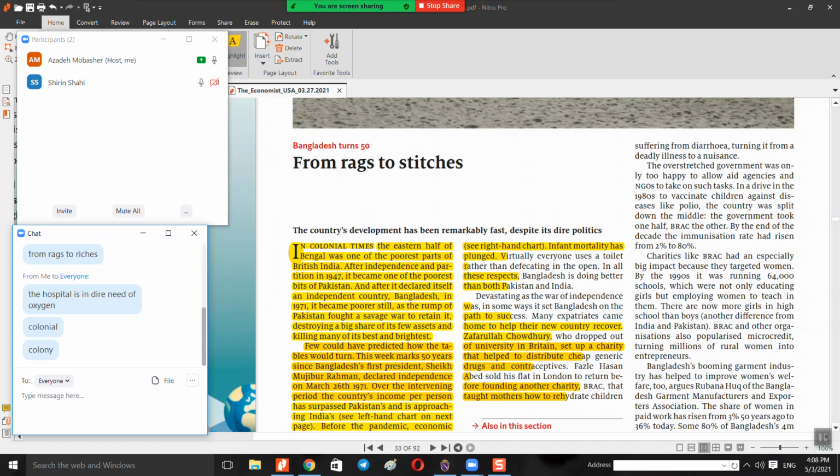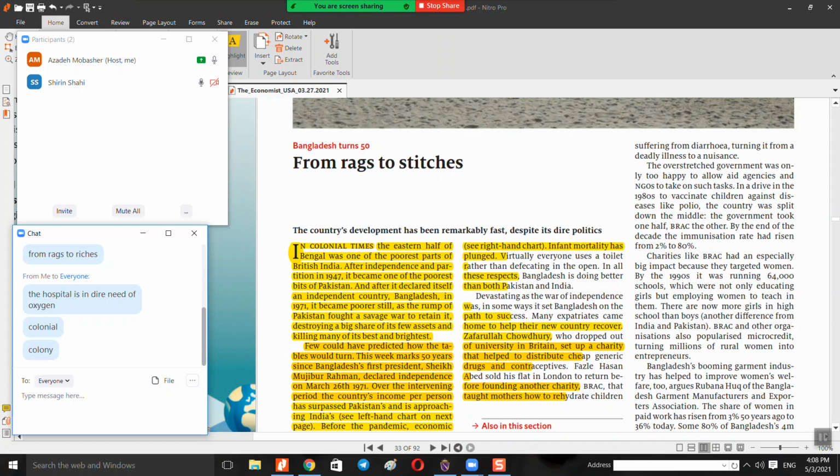Okay. And after it declared itself an independent country. What does declare mean? Announce. Very good. Formally announce it, yes. Declared itself an independent country, Bangladesh, that's the name of the new country after the partition. Bangladesh in 1971, it became poorer still.